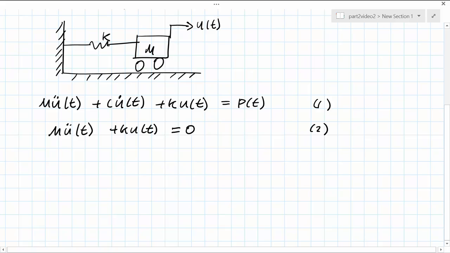To solve equations of the form given in equation 2, we begin by making use of the exponential trial function.